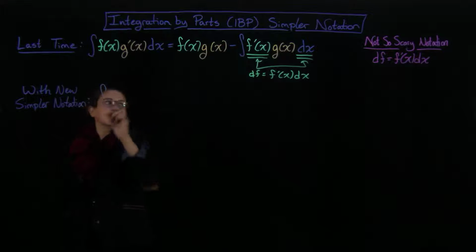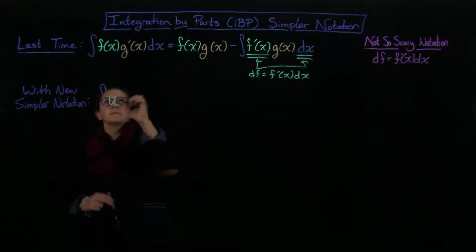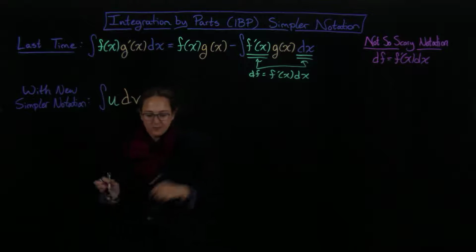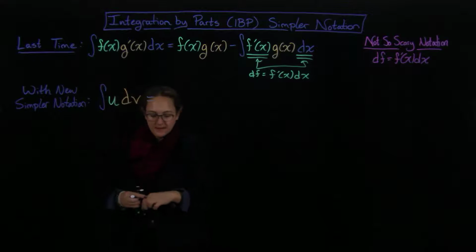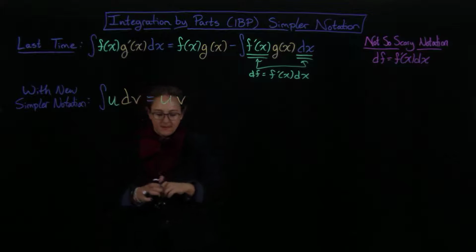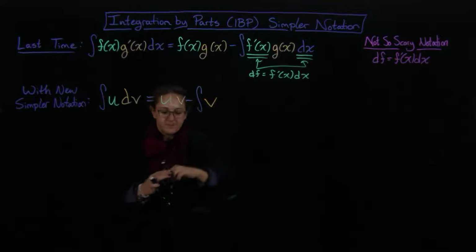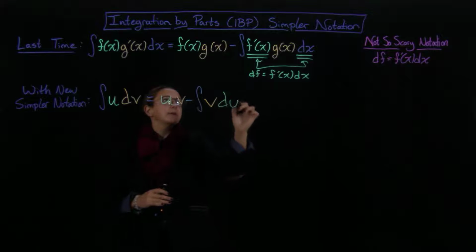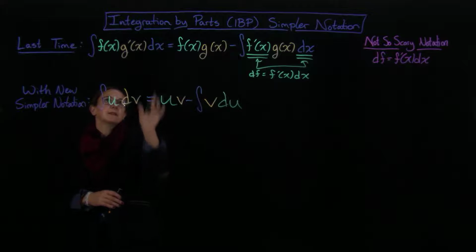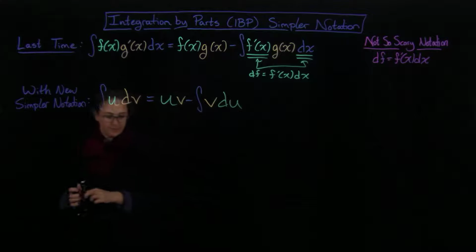We get the integral of u dv is going to equal uv minus the integral of v du. And you can see how that's the same thing, where my u is my f of x, and my v is my g of x. Okay? So let's look at an example.